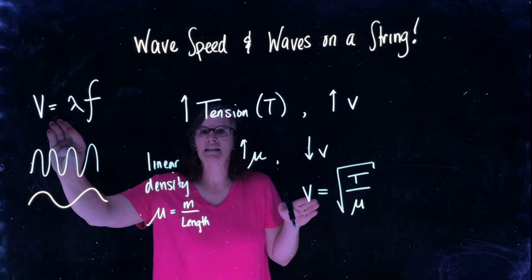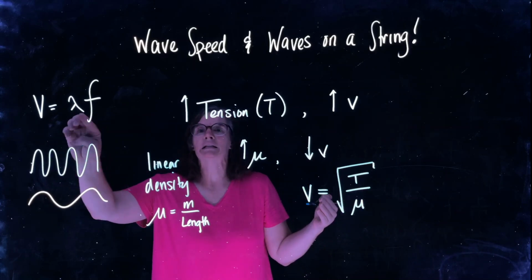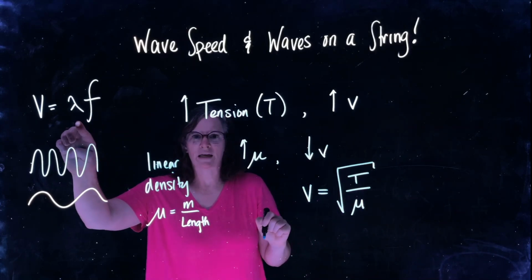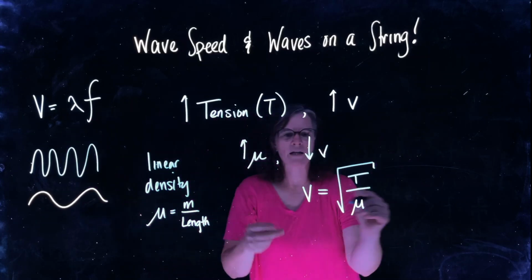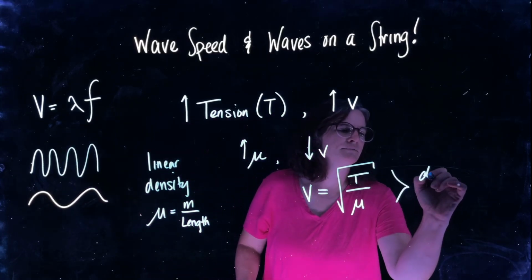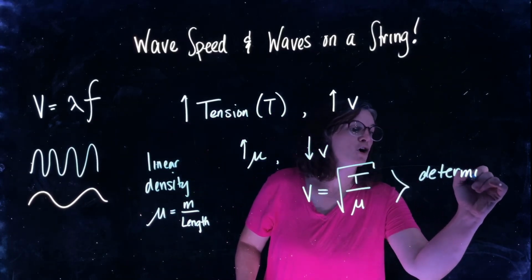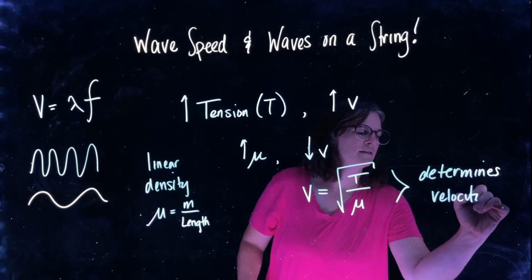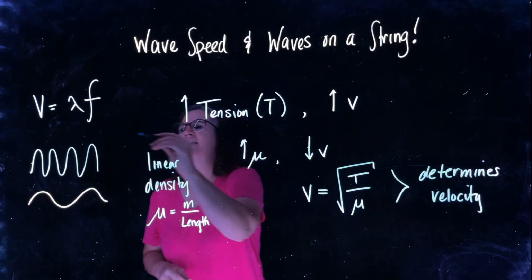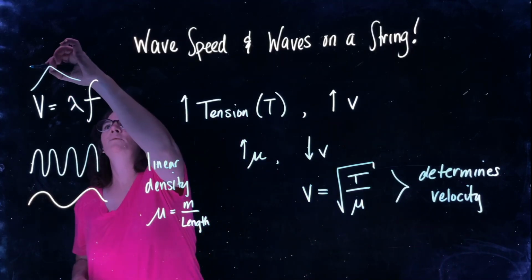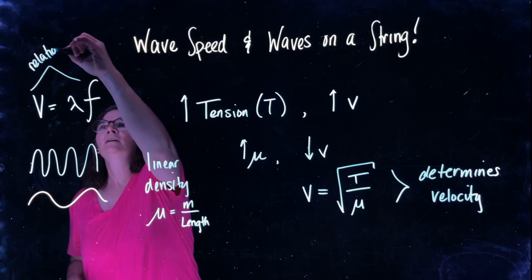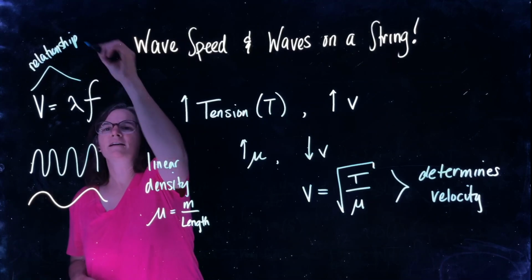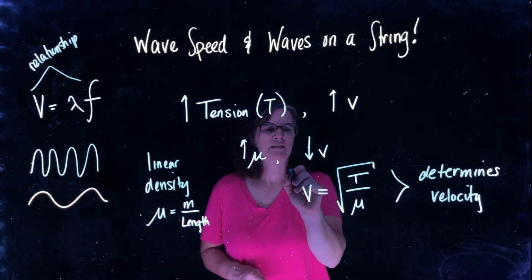The velocity then relates the frequency to the wavelength. So this is what determines the velocity. It's causal. And this then is a relationship based on that velocity.